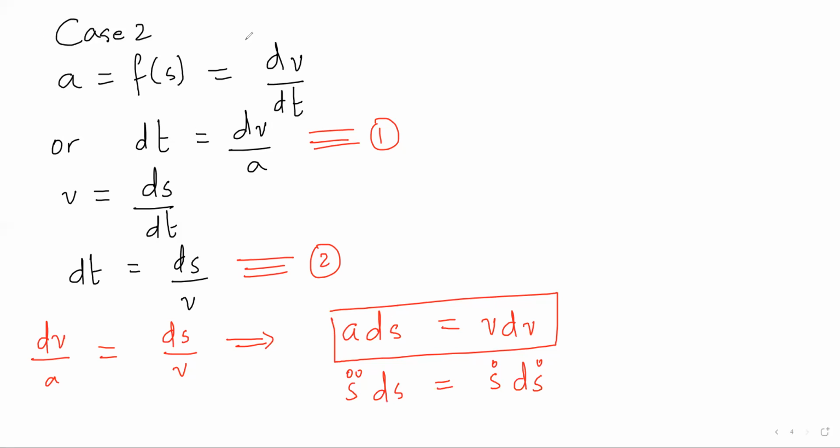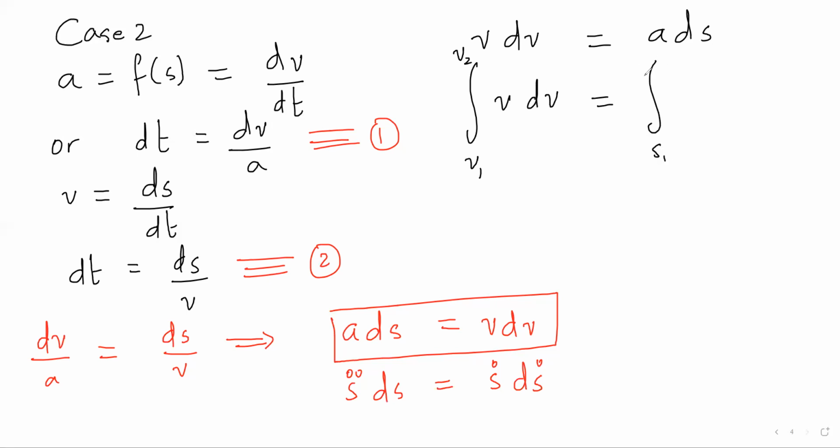Well, my objective was to find the change in velocity, right? So let's see if it can help us. So v dv equal to a ds. Let's perform the integration from v1 to v2. That's your v dv. Now I have absolutely no problems because acceleration is already a function of position. So I don't have any issues.